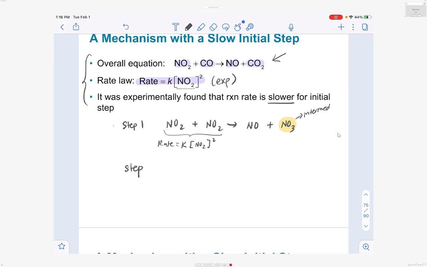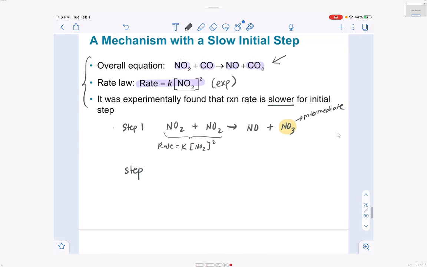Dr. Lee? Yes. I'm just trying to see if I'm getting this. So the first thing we have to do is find the slowest step in the mechanism, because that information is already provided.